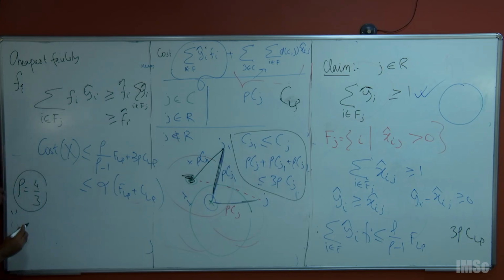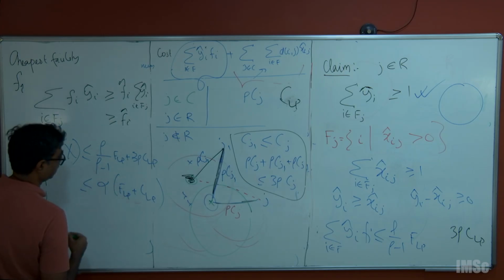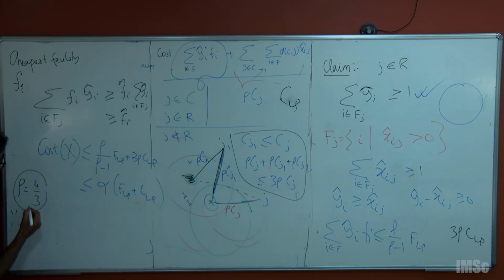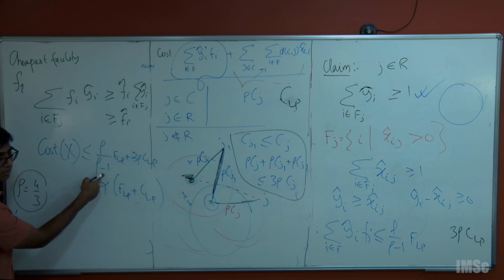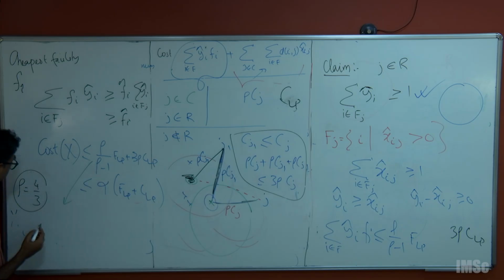Then rho by rho minus 1 is 3, and 3 rho is 4.